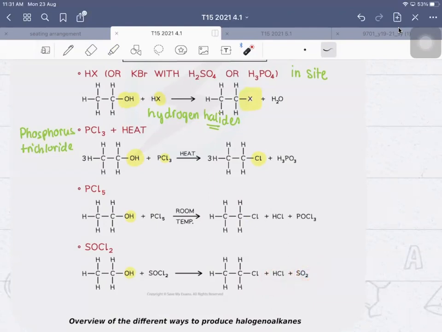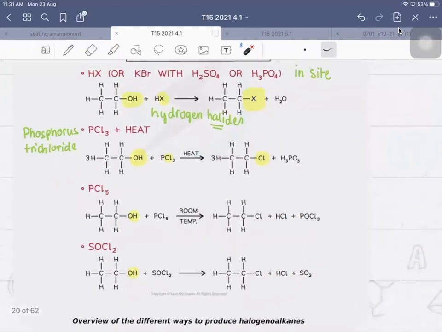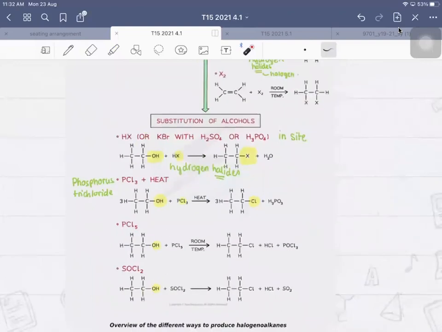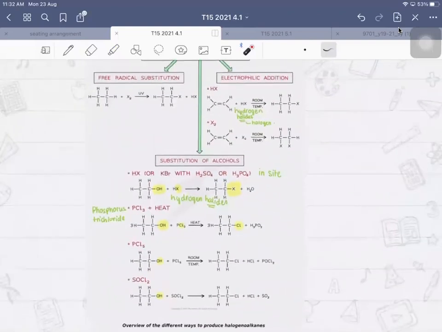In topic 16, you will actually observe white fumes for this reaction. Because it has an observation, it can be used as a test for the presence of hydroxy group. But for now, I will just leave it at that.